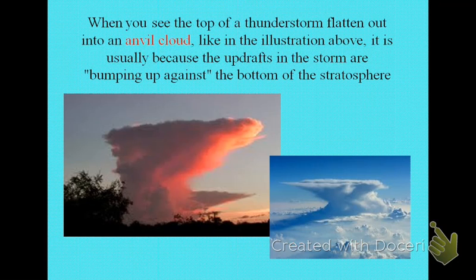What causes it to be flattened is it's bumping against the stratosphere. Remember I said earlier how all those molecules are in the lower atmosphere? We have a lot of pressure in our lower atmosphere, and the pressure starts to decrease. So all those molecules have to stay down low in our troposphere.